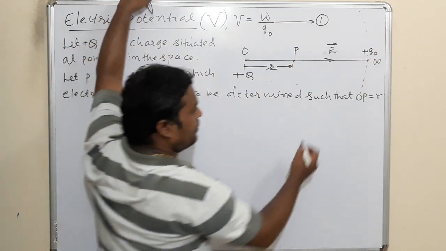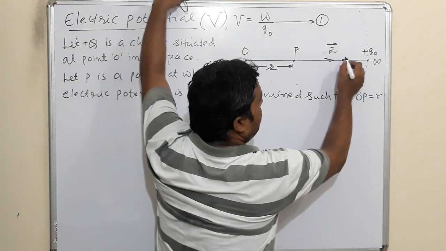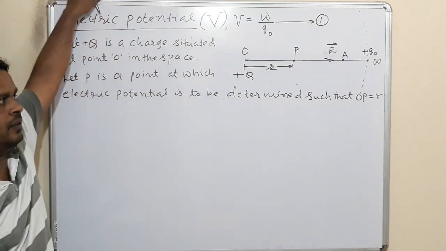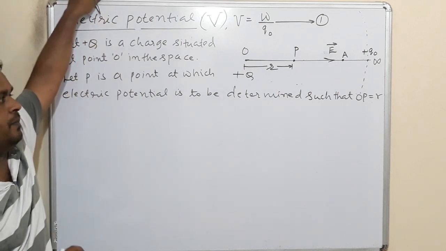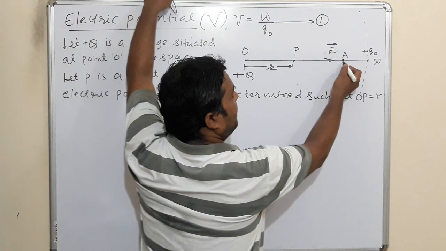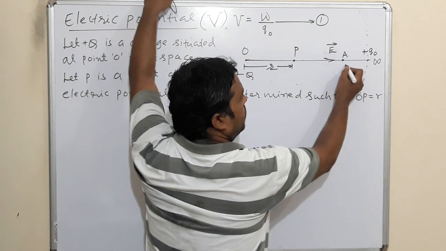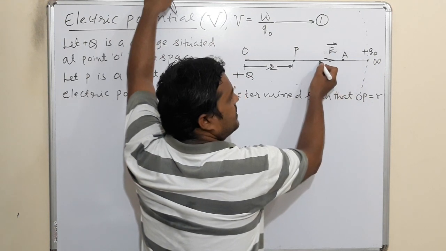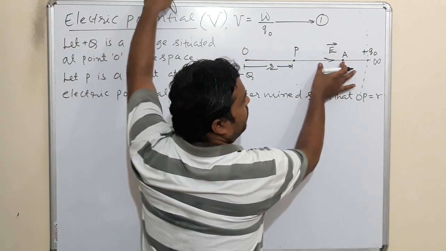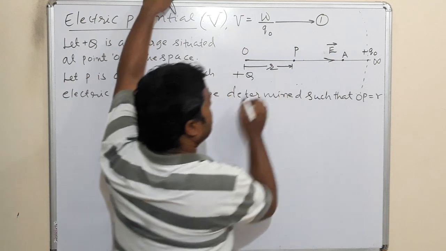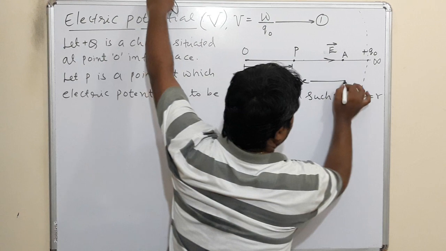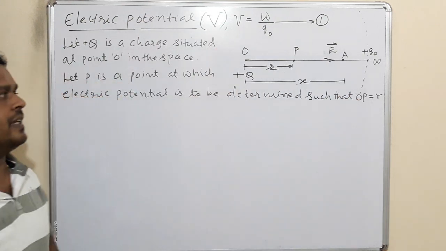I will select a point at a finite distance within the field. Let A be a point at some finite distance from charge Q. Then I will calculate the work done in bringing this charge q naught from A to another point through a small distance. Suppose the distance of A from the charge is x.